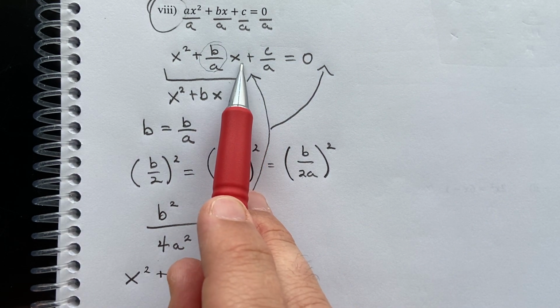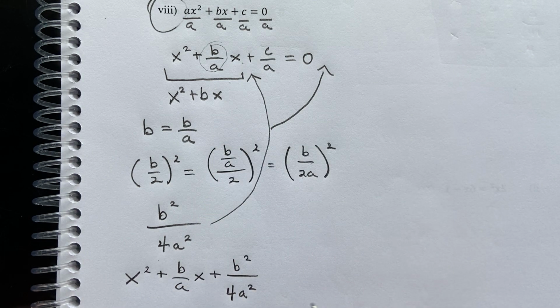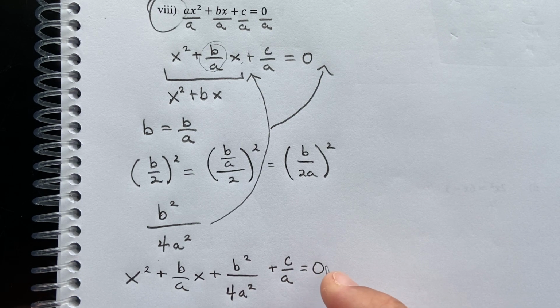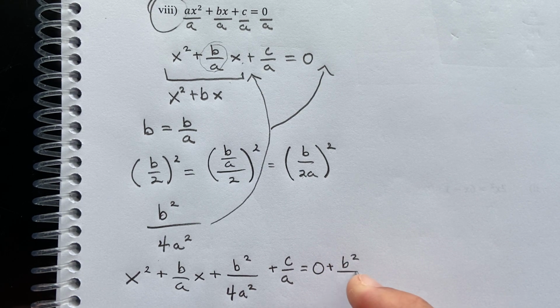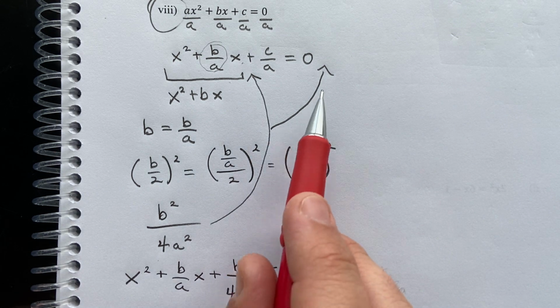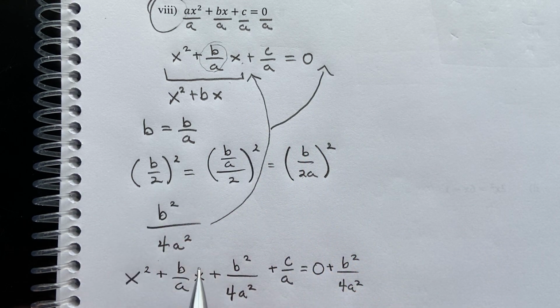Right, so I've just put that here, and then I still have plus c over a, and then this is equal to 0 plus b squared over 4a squared. Right, so that was just adding in half of b squared.